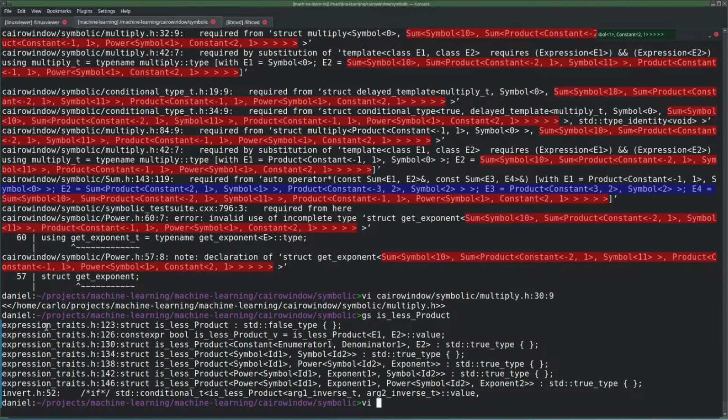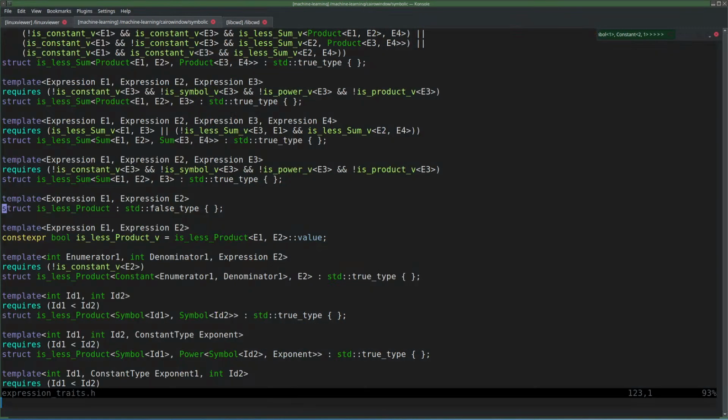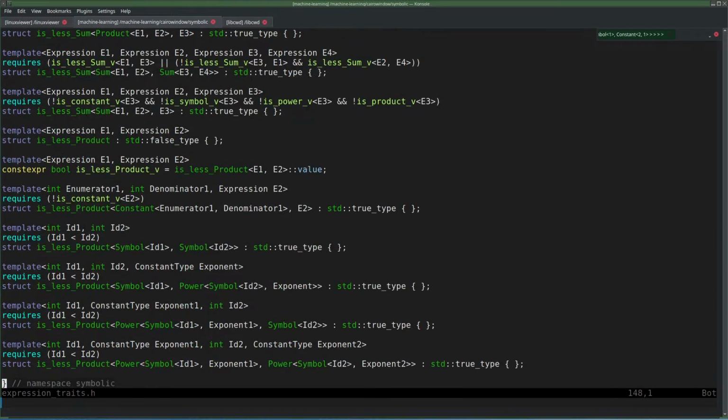I don't know. Let's add it, because it kind of feels that, yes, I need a struct is less product of stuff that should be true, which is now missing.